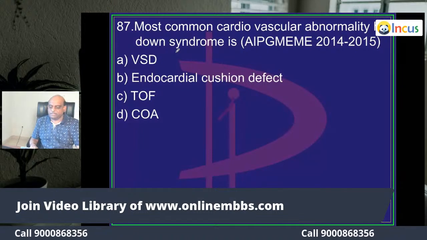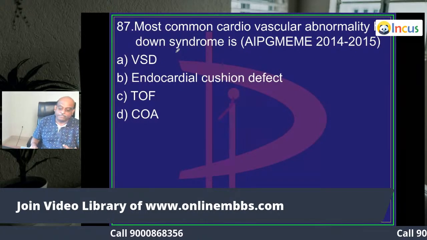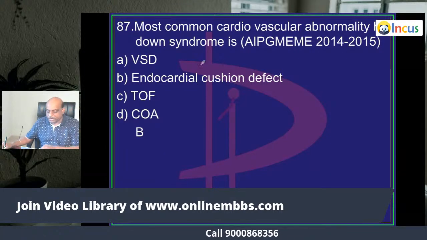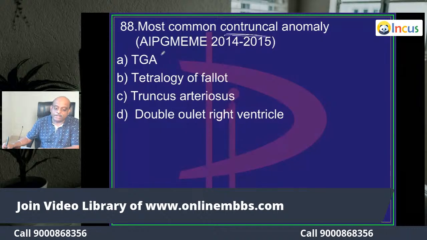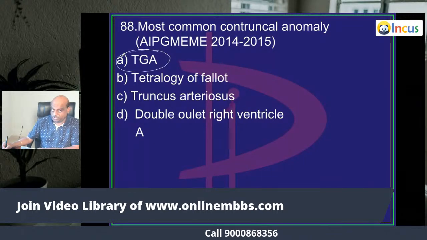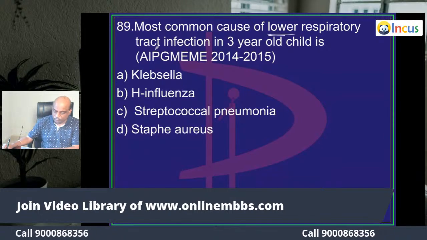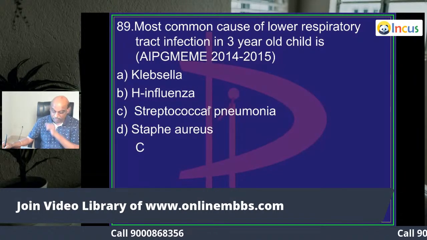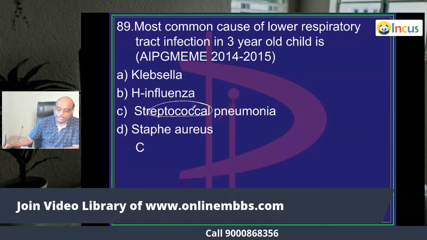Earlier also we discussed many times. The most common cardiovascular abnormality in Down syndrome is endocardial cushion defect. The most common conotruncal anomaly is transposition of great vessels. The most common cause of lower respiratory tract infection in a 3-year-old is streptococcal pneumonia.